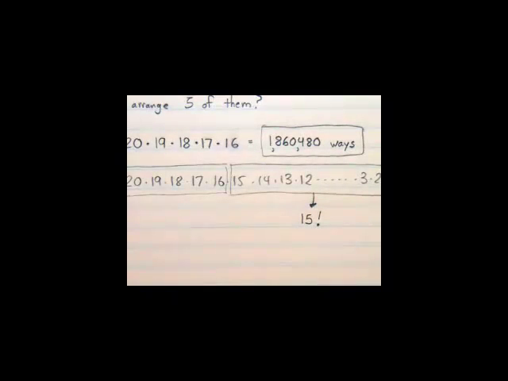That's 15 factorial, right? And the entire thing was 20 factorial. So do you do 20 factorial minus 15 factorial? Well, almost. It's not exactly that. So it would be the 20 minus the 15.